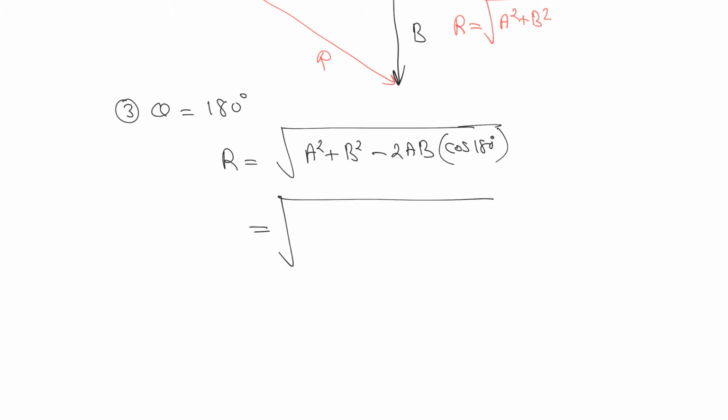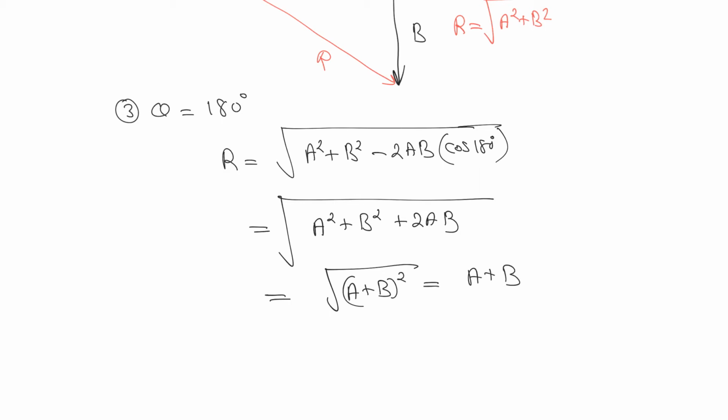So this will be equal to under root of A square plus B square plus 2AB, since cos 180 is minus 1, that's why it becomes plus 2AB. So this is basically A plus B the whole square. So if you take the root, it will be equal to A plus B.